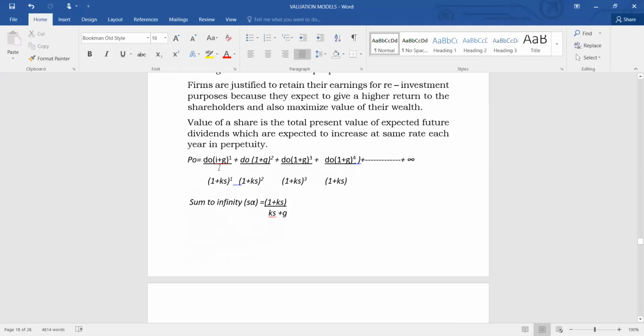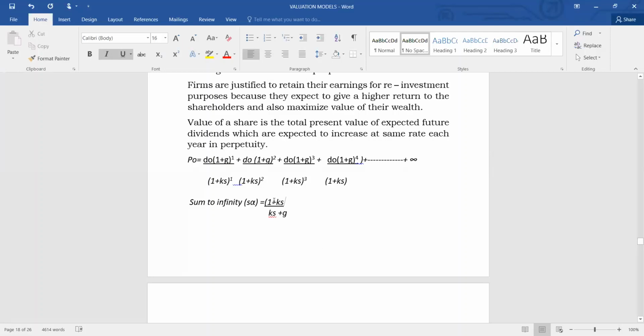You can see dividend in a year's time, D naught 1 plus G raised to the power of 1, discounted. Dividend in 2 years' time, discounted. Dividend in 3 years' time, discounted. And this goes on up to infinity. So the sum to infinity is this.